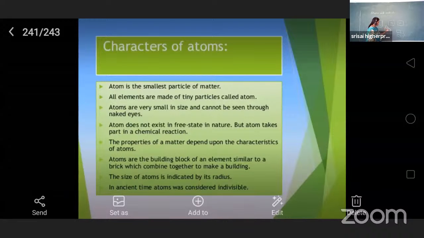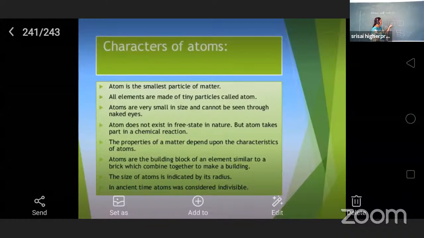This is a building block of an element, similar to a brick. Without bricks we cannot build this house. Combination means we collect more bricks to build this house.